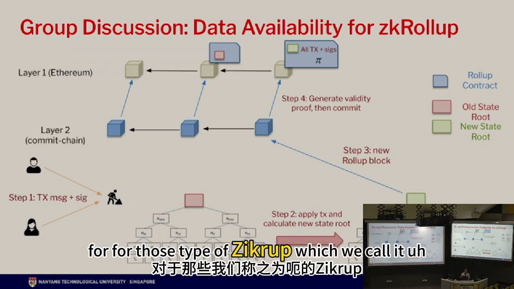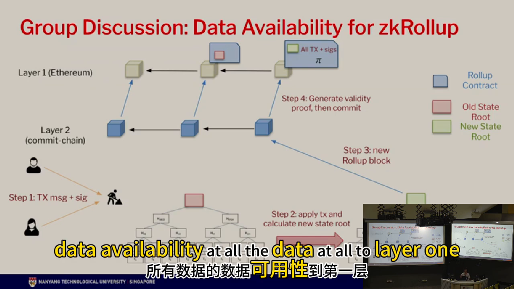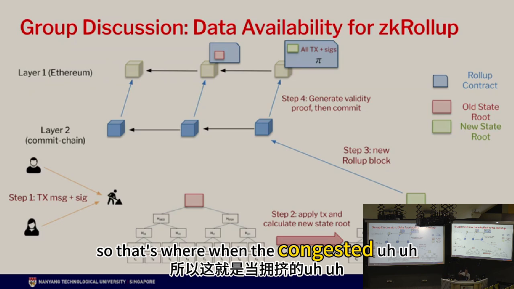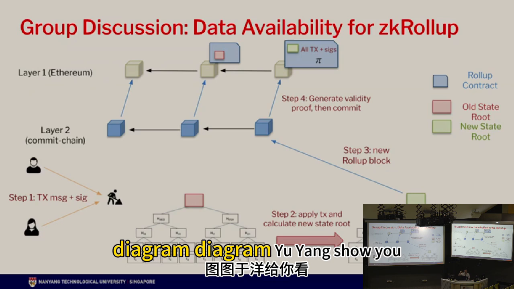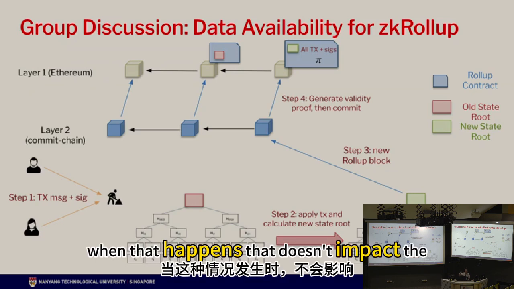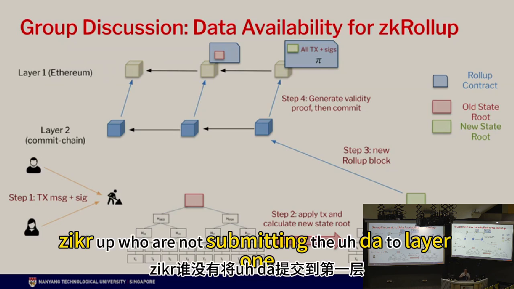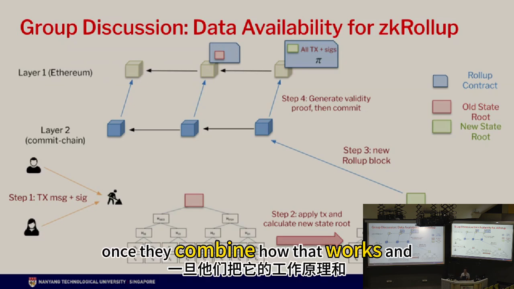For those types of ZK rollup, which we call Validium, we don't submit the data availability to layer 1 at all. So when the congestion in the diagram Yuliang showed you happens, it doesn't impact the ZK rollups that are not submitting the DA to layer 1.